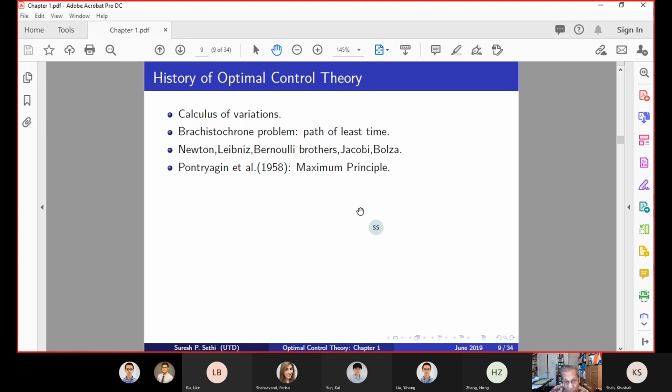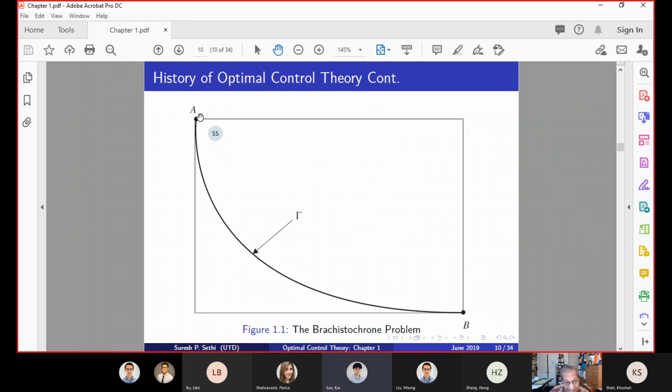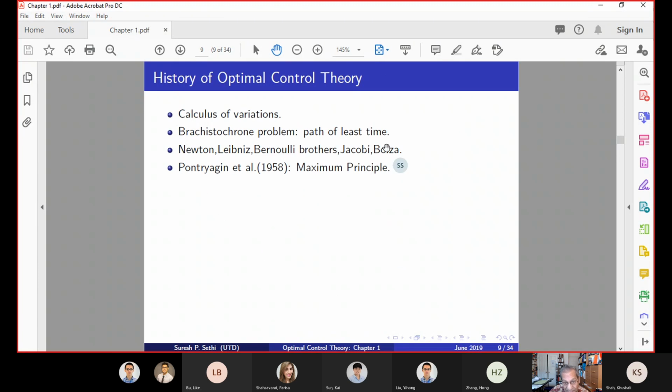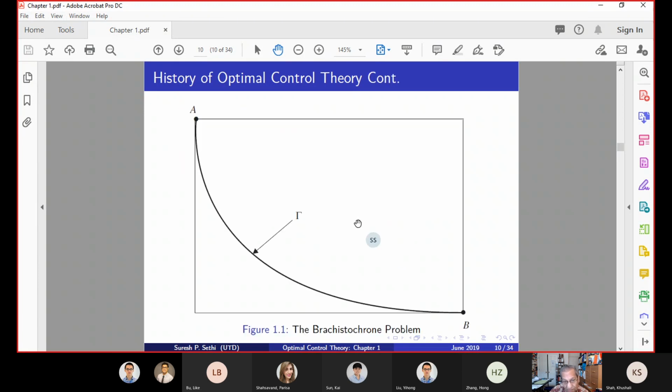To find out that this is the shape, it took several years by these guys to solve that problem. I have the literature and the references for you to look at this, and I think in the appendix it has been solved for you. So I don't want to go through that right now, but that is a historical problem of calculus of variation.